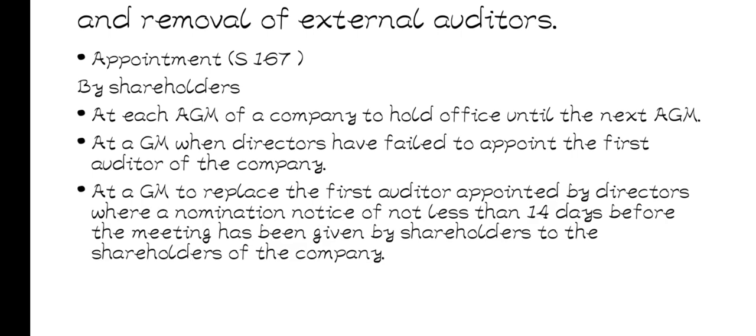Yes, so those are the three circumstances that can lead to appointment of an external auditor by the shareholders: at each annual general meeting of a company to hold office until the next annual general meeting; at a general meeting when directors have failed to appoint the first auditor of the company; and at a general meeting to replace the first auditor appointed by the directors.